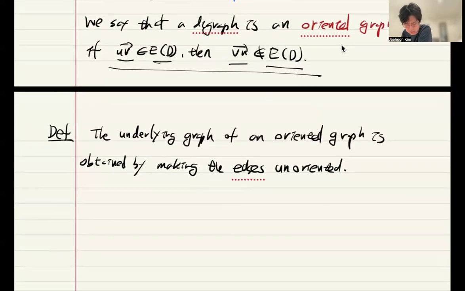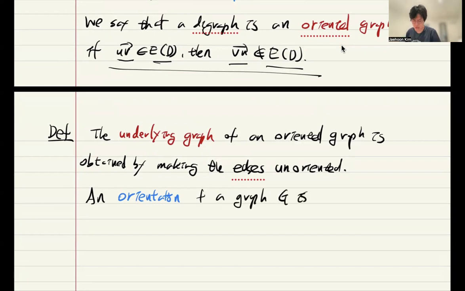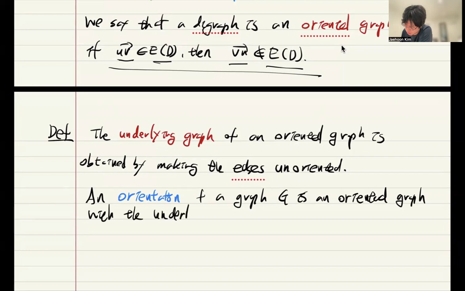Then you get the simple graph, which is called the underlying graph. And we say that an orientation of a graph G is an oriented graph with the underlying graph G.